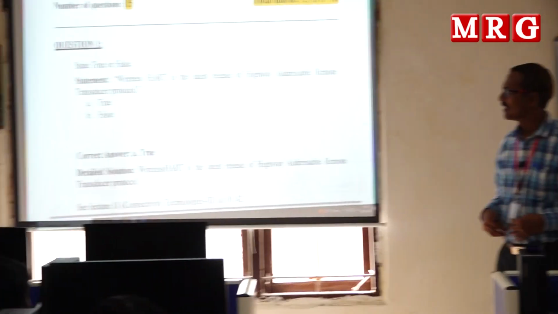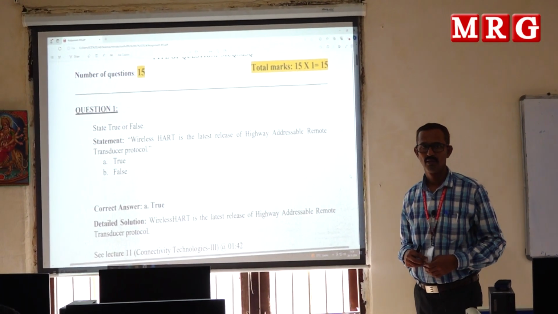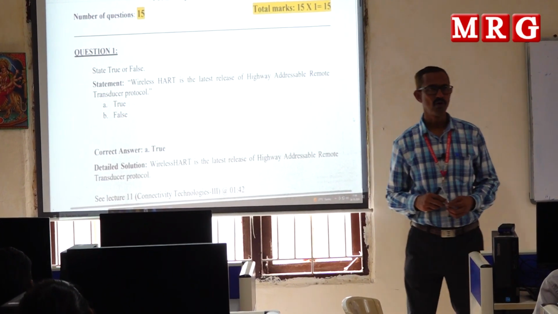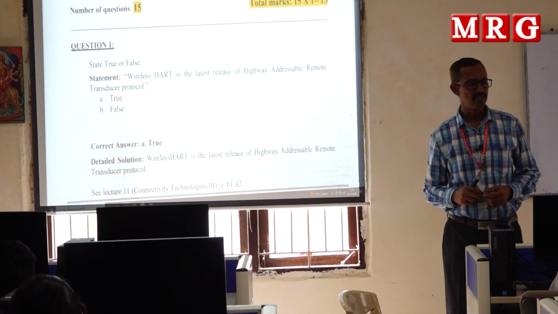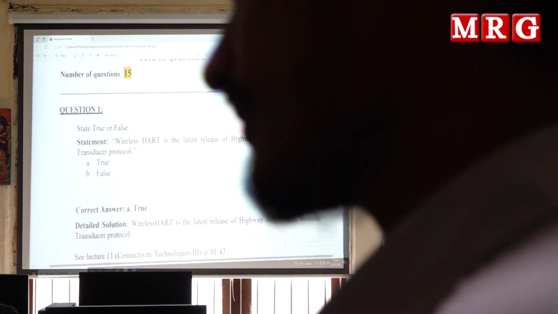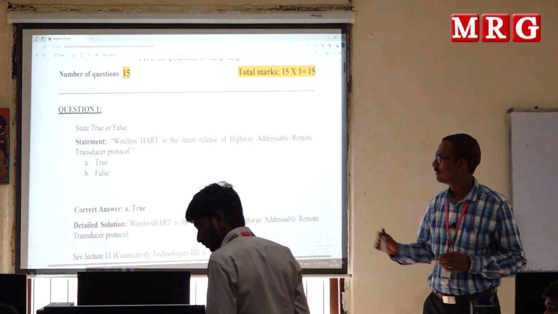Wireless HART is the latest release of the Highway Addressable Remote Transducer protocol. So the answer is true, because earlier there was a wired HART protocol, then it was just extended to wireless. So this is the latest improvement in the protocol.